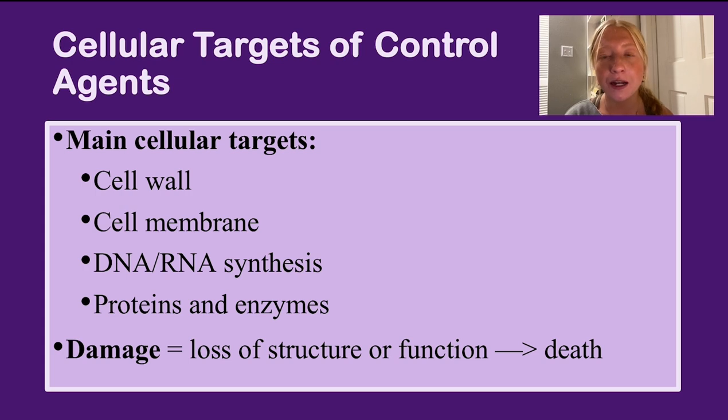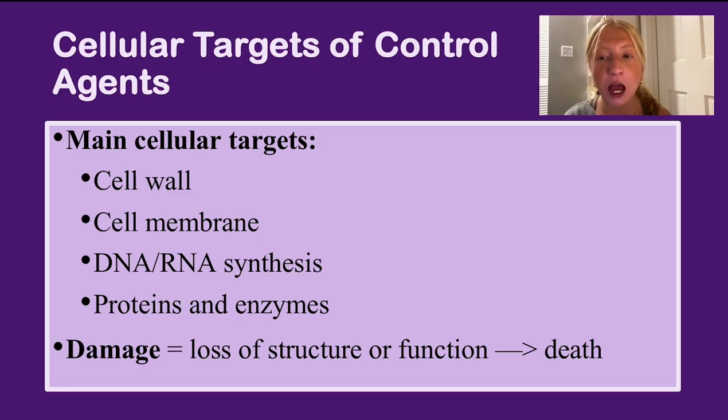Antimicrobial agents target different components in the cell. Some disrupt the cell wall, weakening it and causing lysis. Surfactants damage membranes, making them leaky and destroying selective permeability. Agents that affect nucleic acids, like radiation or formaldehyde, prevent replication and transcription.